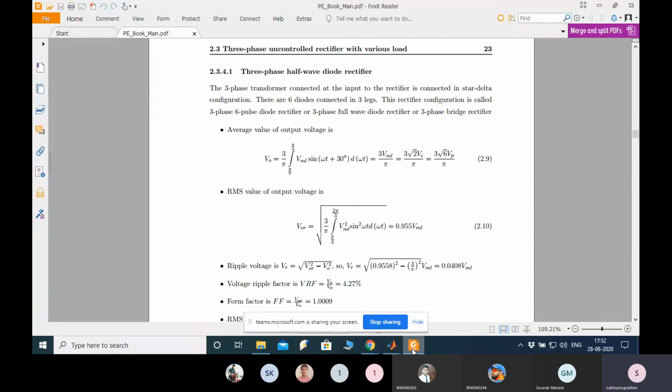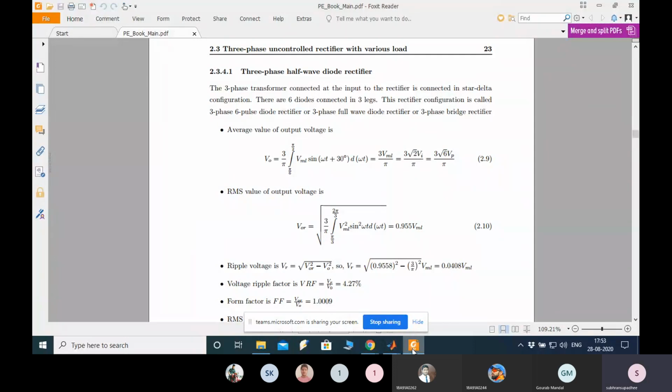As you know, there are three different phases R, Y, B, each separated by a 120-degree phase shift. The average output voltage V0 equals 3/(2π) times the integration from π/6 to π/2 of Vml sin(ωt + 30).